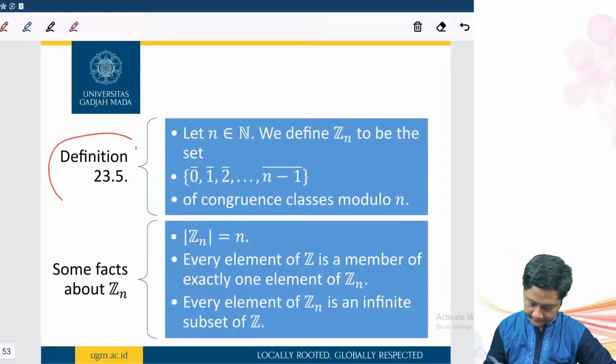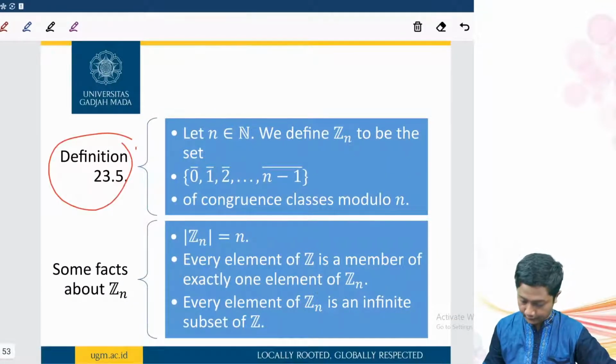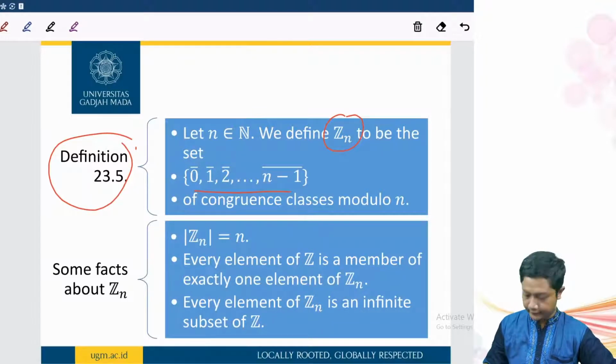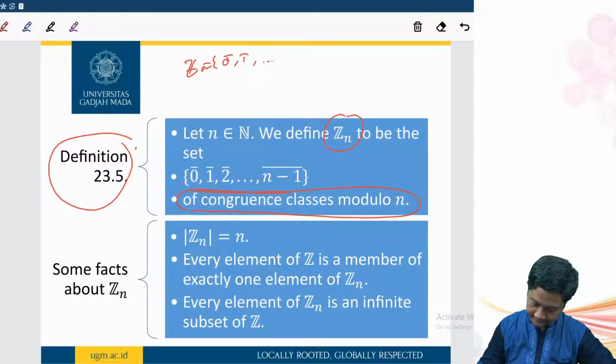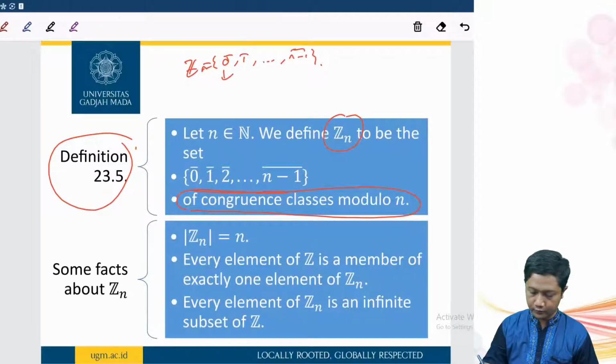And the next definition is definition 23.5. So we define Zn to be the set 0 bar, 1 bar, up to n minus 1 bar. This one is the collection of every class when I define this relation congruent mod n.